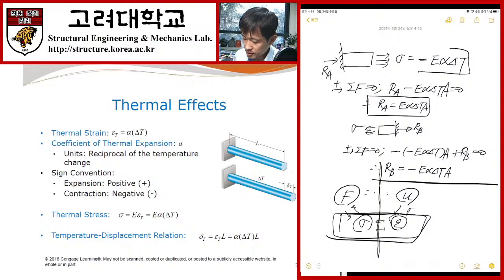But if you consider the strain here, we have many different sources of strains. For example, the strain caused by the stress, the strain caused by the temperature change, the strain caused by the humidity change, the strain caused by any pre-stressing or pre-strain, or the misfit. So if you add up all the strains, that's going to be the total strain.